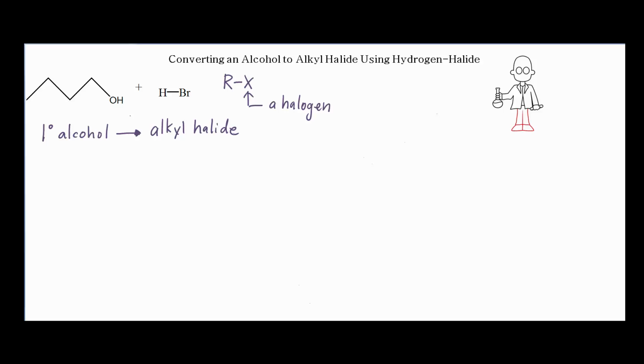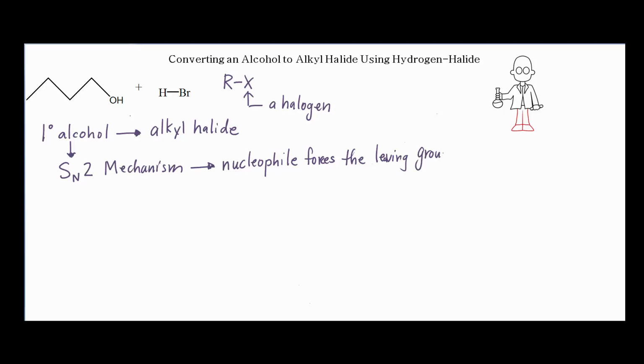So going through this mechanism, this is a primary alcohol, so it's going to undergo an SN2 mechanism where the nucleophile forces the leaving group out of the substrate.